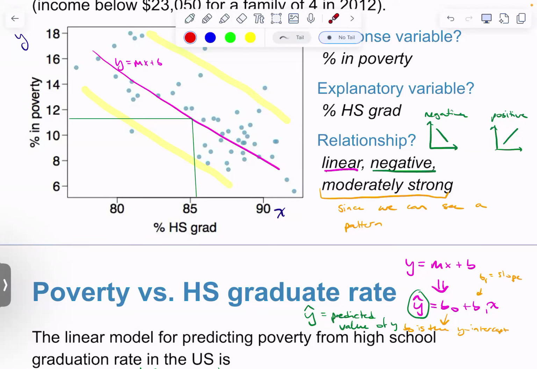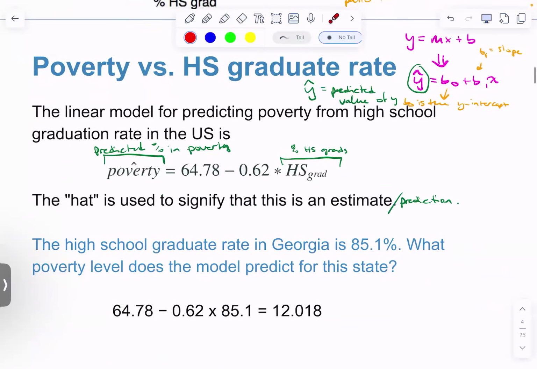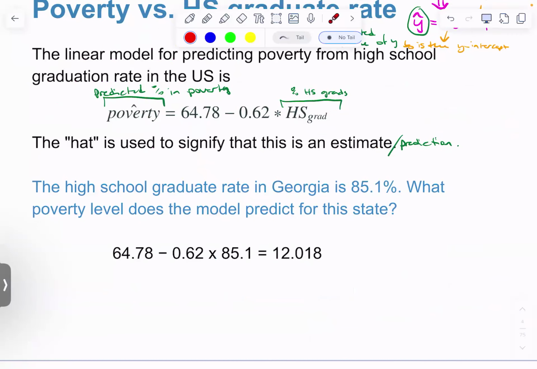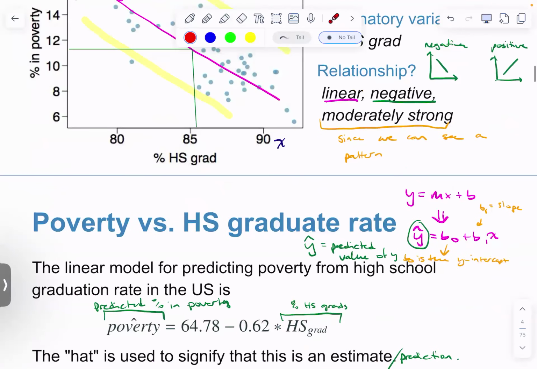Right? And so now what we're going to do is plug in a value of x and find the predicted value of y. In terms of units, usually we convert percentages into proportions. But for regression, you just want to match whatever the units are on the scale of the scatter plot. Here I have 80, 85, 90.